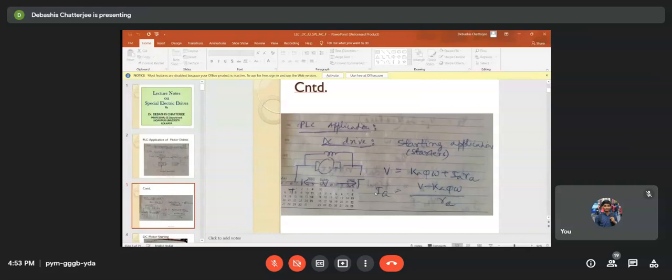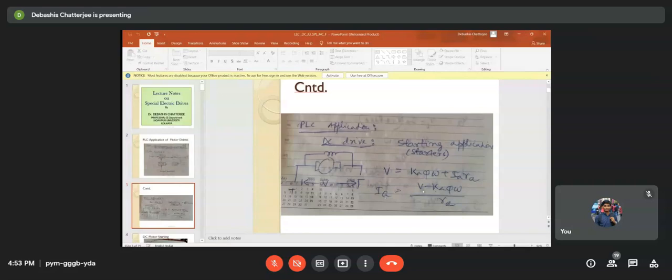The situation differs when you start the machine. As soon as you start the machine, omega is 0. In the right hand side, omega is 0 because you are starting it; in normal running omega is there, but when you start it, omega is 0. So the current at starting is given by V by Ra.